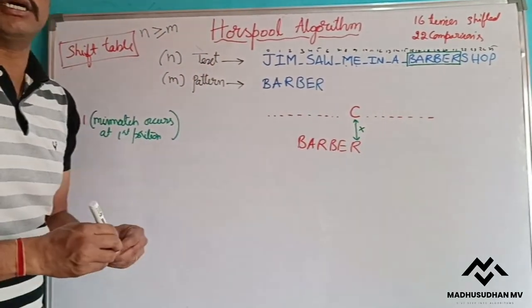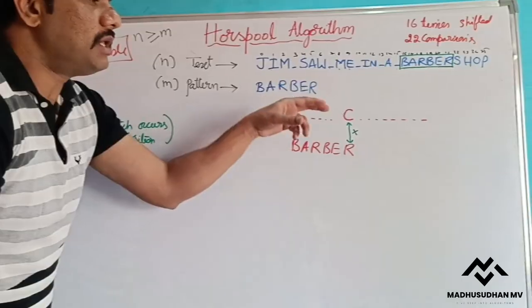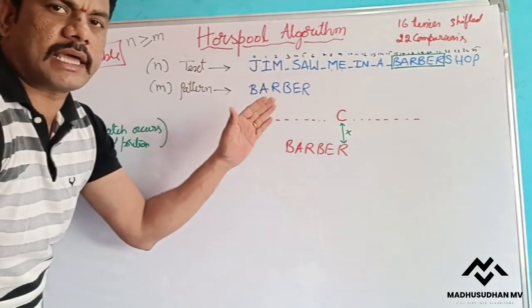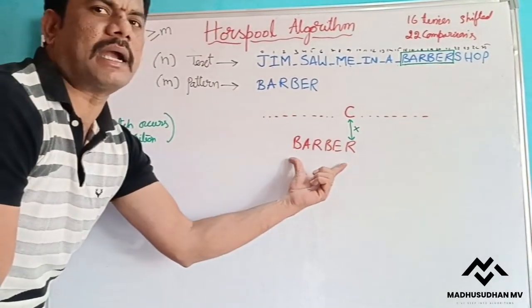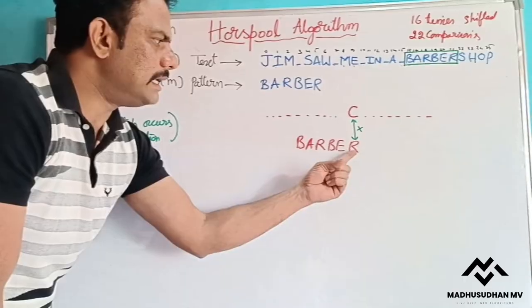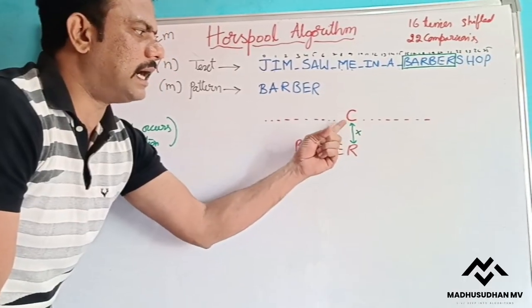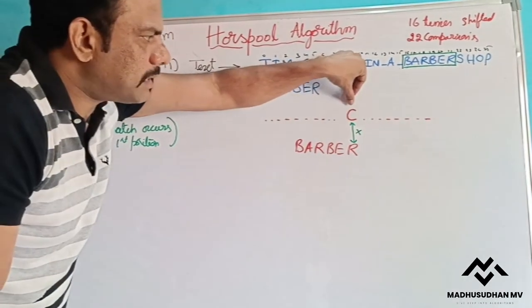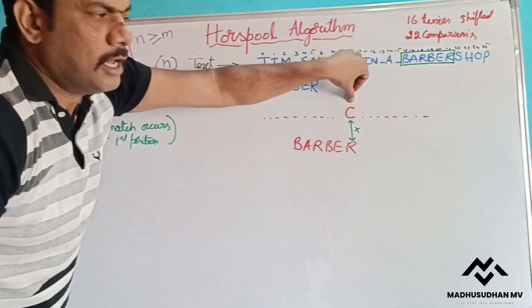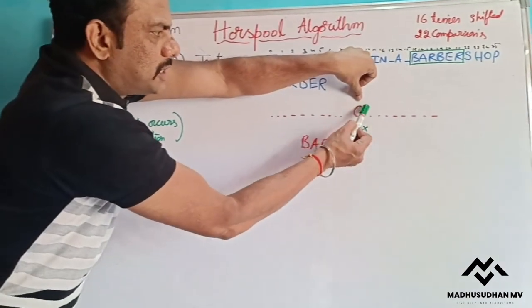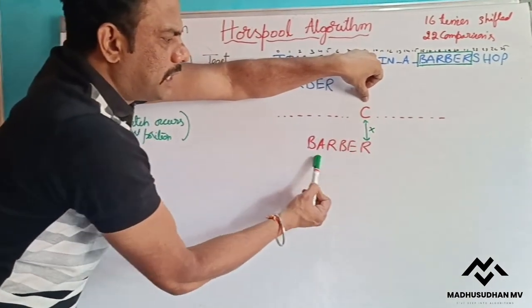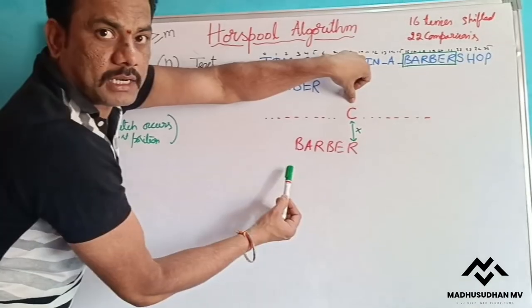Now when a mismatch occurs, we will see. Which is the mismatch character of the text? This is the pattern. This character mismatches with this character C, R and C are not the same. So this is my mismatch character of the text. Now check whether this mismatch character is present in the remaining characters of the pattern.